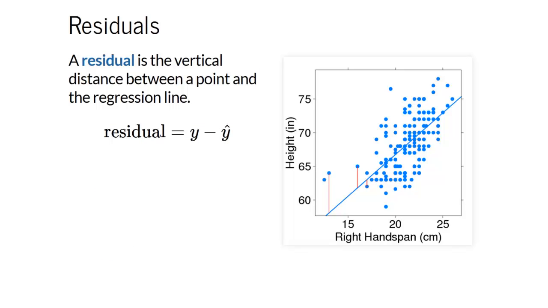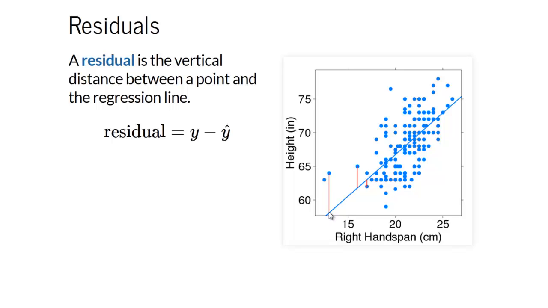In order to understand what we mean by the line of best fit, we first need to explain what a residual is. A residual is the vertical distance between a point in the scatter plot and the regression line. For example, here we have several residuals plotted in red. So the residual for this point in the scatter plot is just this vertical distance from the point down to the regression line.